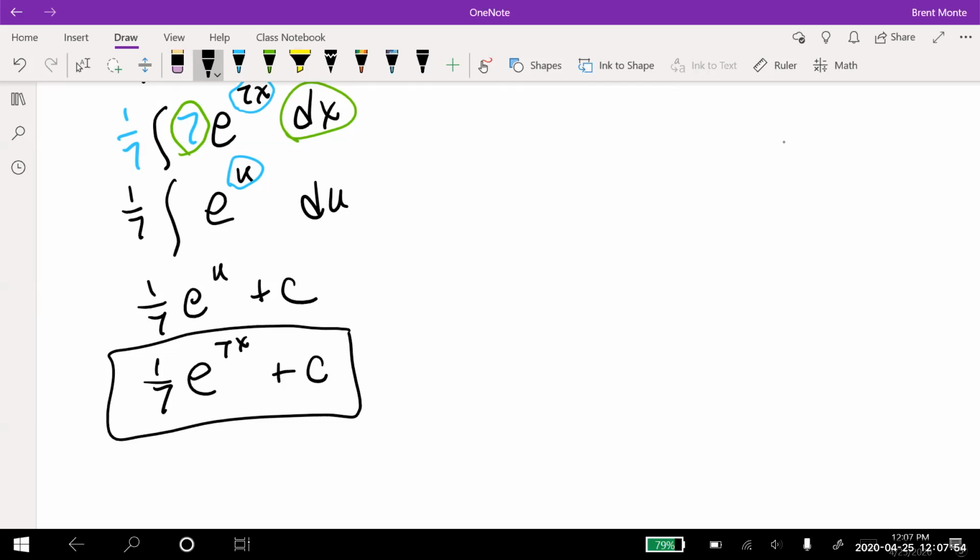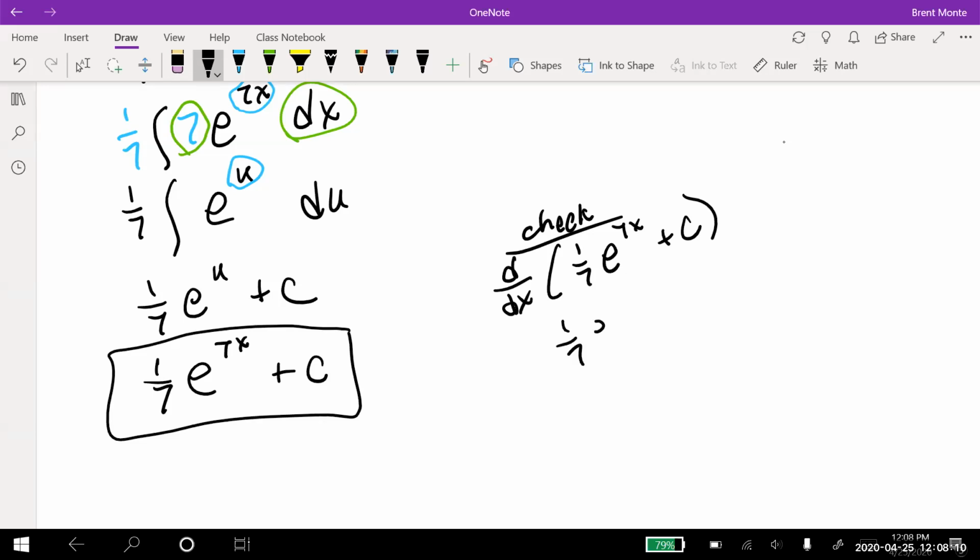Again, we haven't checked one of these in a while, so let's check real quick. Take the derivative, and a lot of times you can do these in your head because they're not terribly complicated. So if I do the derivative of 1/7 e to the 7x plus c, I get 1/7 constant multiple, e to the 7x, because it's an exponential, I get the whole thing back, but then times 7 from the chain rule. That was the derivative of the 7x.